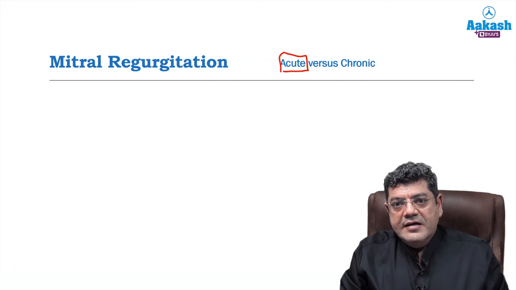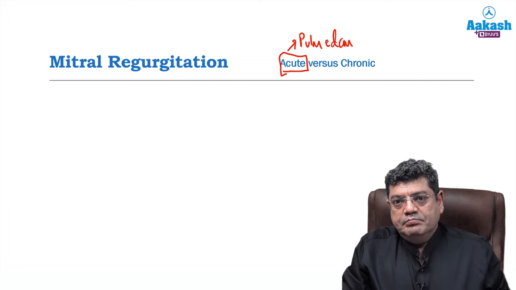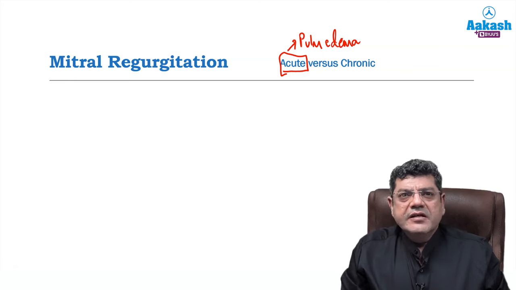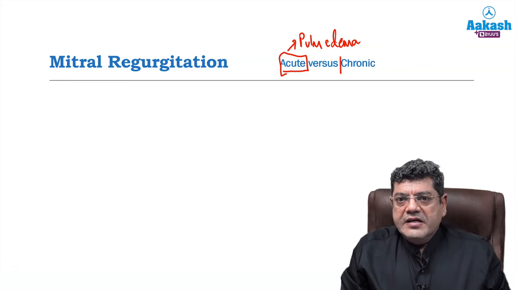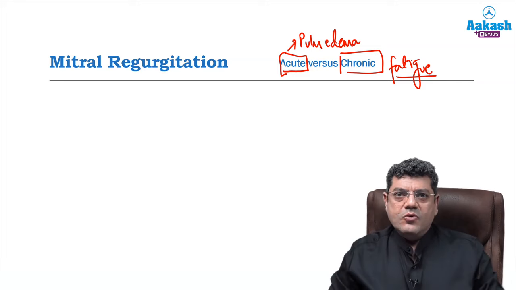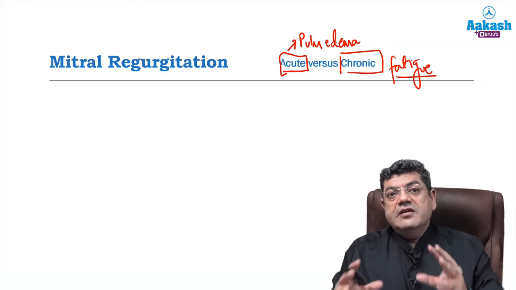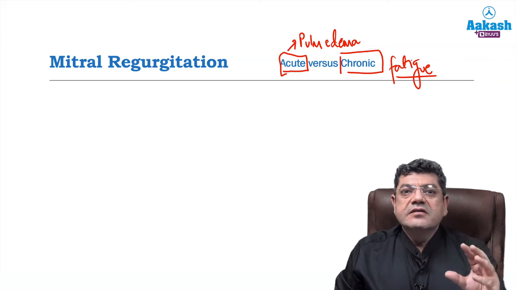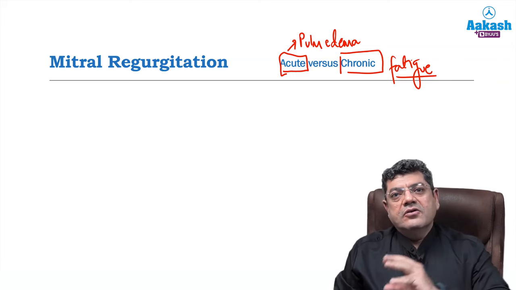Acute MR manifests as pulmonary edema, cardiogenic pulmonary edema. Chronic MR manifests initially with exertional fatigue, forward failure. I'll describe how. So, very importantly, is the mitral regurgitation acute or chronic?